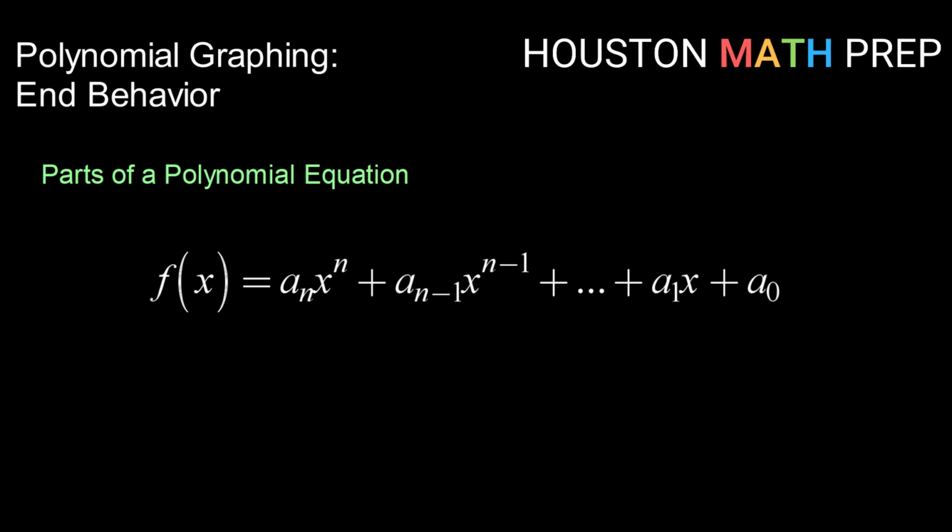So we have f of x equals, and then you see all these terms listed out. For a polynomial equation to be in standard form, it needs to be in decreasing degree order.